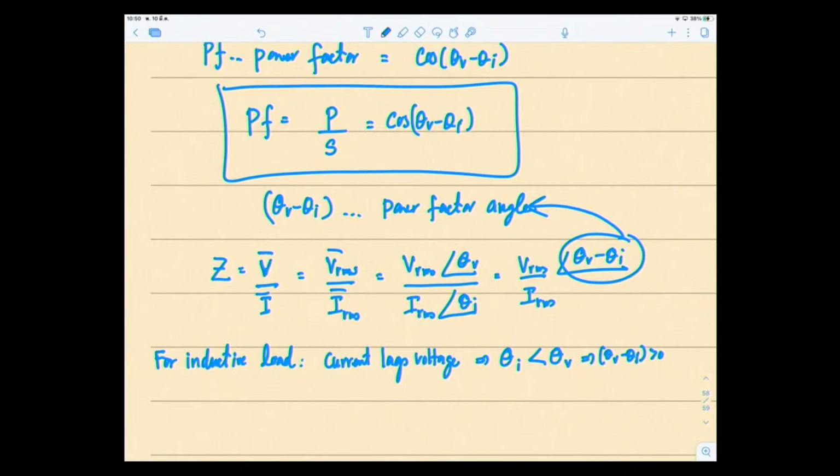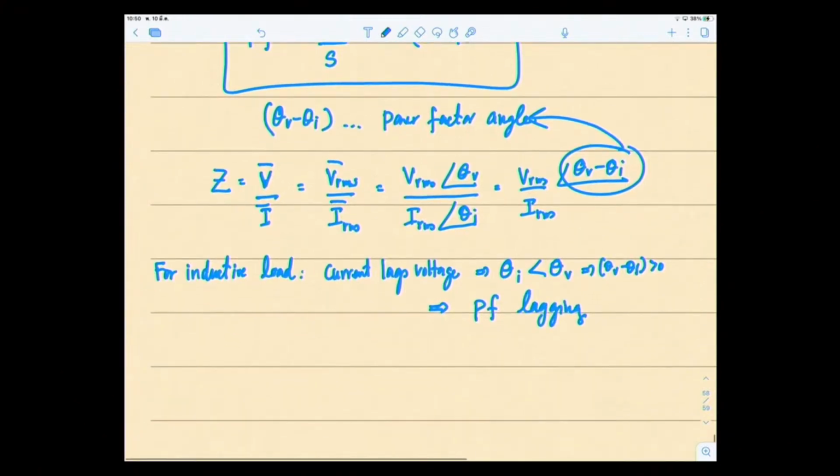So in this case, if your power factor angle turns out to be positive, when you calculate your PF you have to add one word indicating that this load is an inductive load, which is the word lagging. So we have PF lagging for an inductive load. For a capacitive load, current leads voltage.